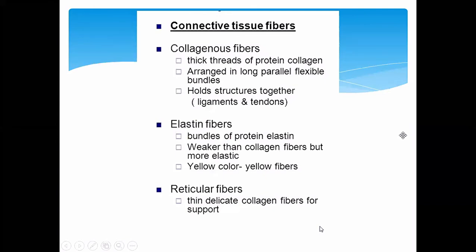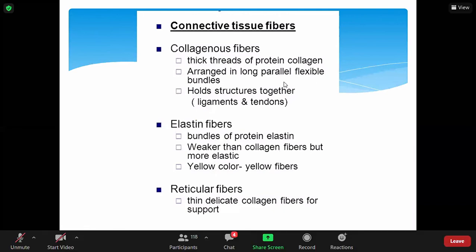Okay, so connective tissue fibers, you have collagenous fibers. Collagenous fibers, okay? Thick threads of protein collagen arranged in long, parallel, flexible bundles. They hold structures together. So examples of which are ligaments and tendons.